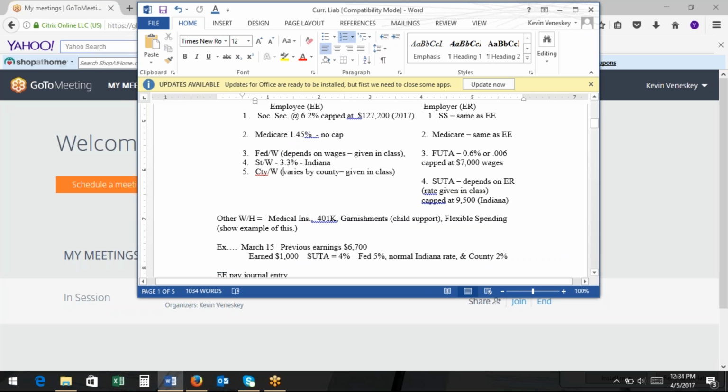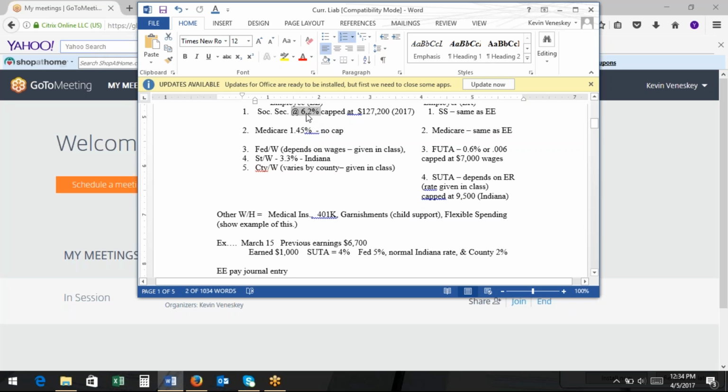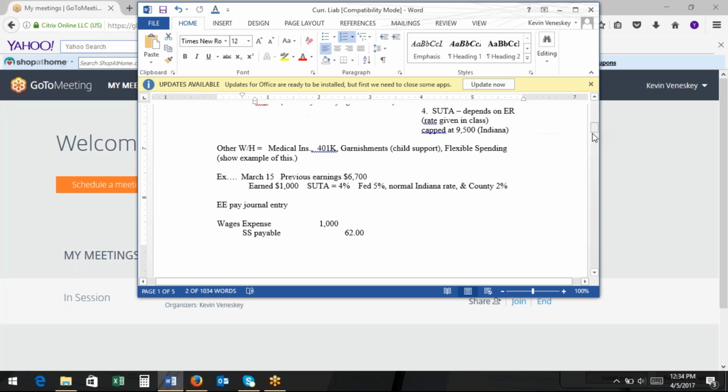So the first thing I'm going to want to do is Social Security. Now I'm nowhere near the Social Security cap. So when you add $1,000 to this, that would be $7,700, nowhere near the $127,000 cap. So the entire $1,000 that I earn will be taxed at this 6.2% rate. So 1,000 times, if you do it on your calculator, 0.062, equals $62.